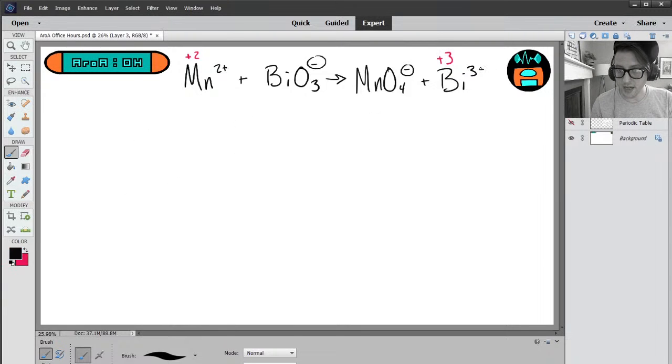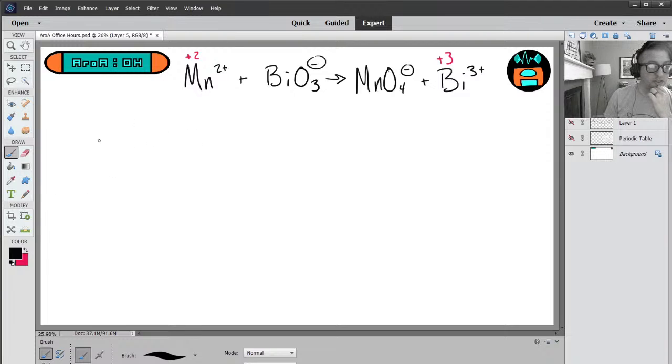This should be a +3, not a negative. So we know that manganese on the reactant side is +2, and bismuth on the product side is a +3. Now we have to do a little more legwork to figure out bismuth on the reactant side.